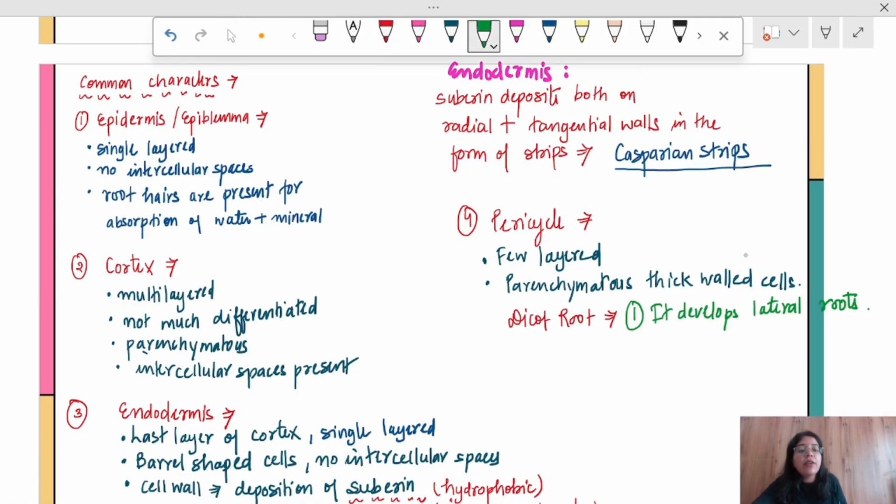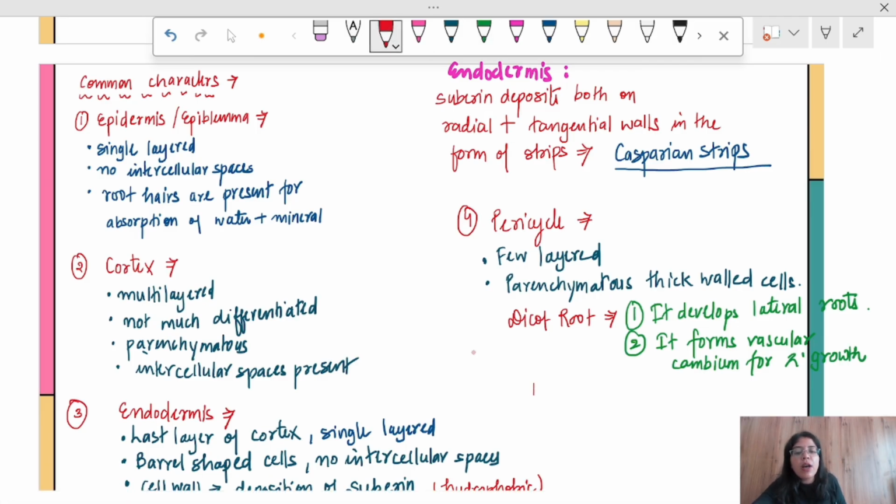Another function of pericycle is it forms vascular cambium for secondary growth. After that, we have monocot root.